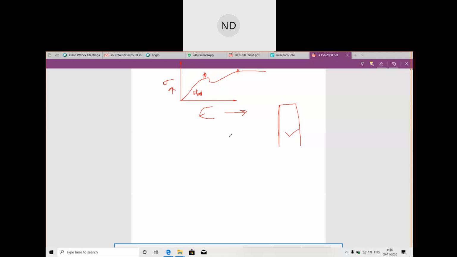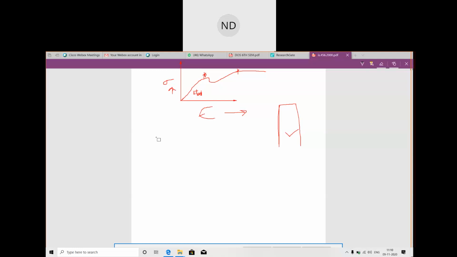Also in plastic analysis, we'll talk about the shape factors basically. Why? Because you will be asked to find them for different steel structures.